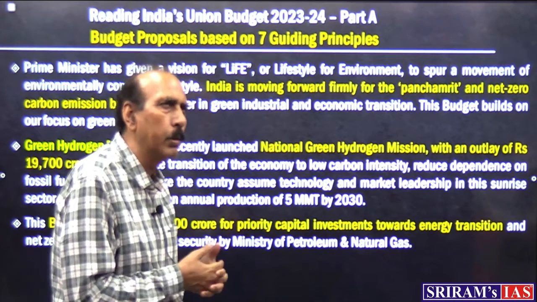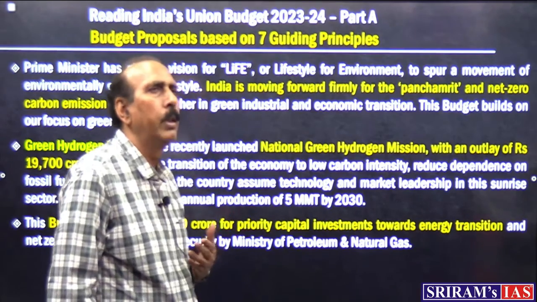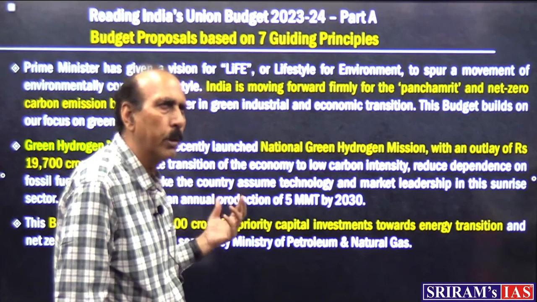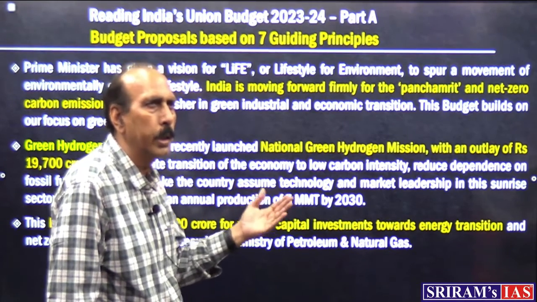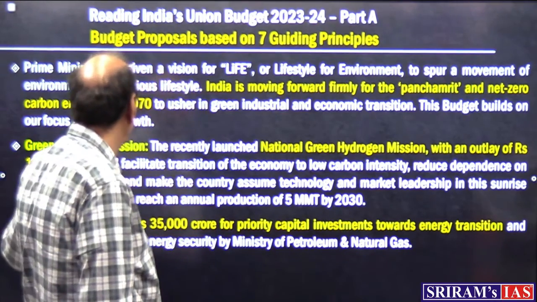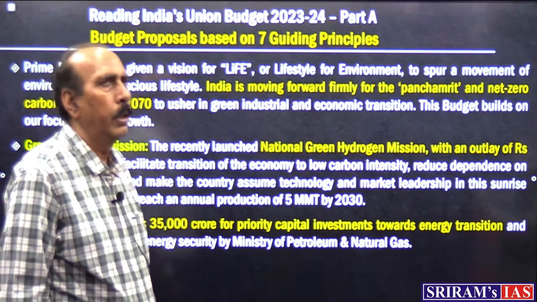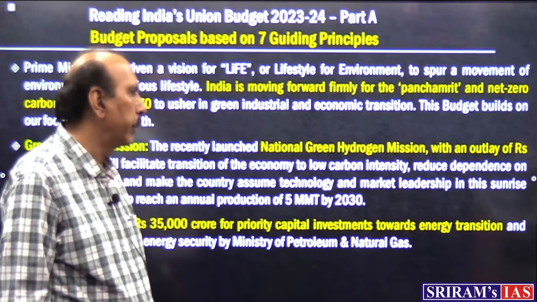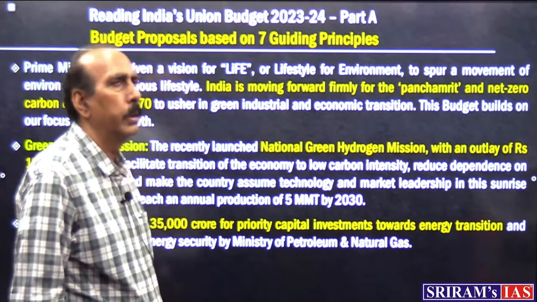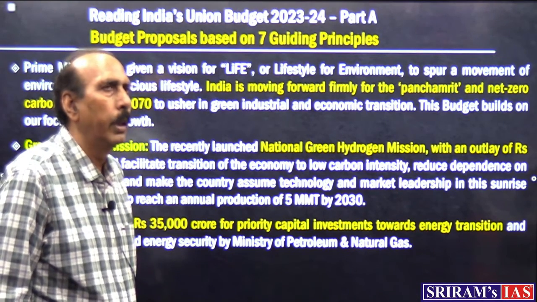Our lifestyle has to be changed, and the government's efforts will also have to change for transition from fossil fuel based energy toward renewable resources based energy. In this direction, the government has set up the National Green Hydrogen Mission, and this mission will find out the possibilities where hydrogen can be used as a fuel in various activities.